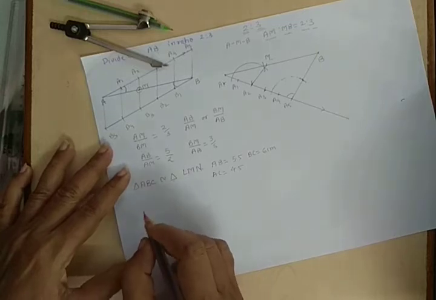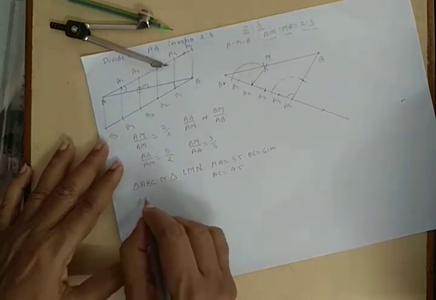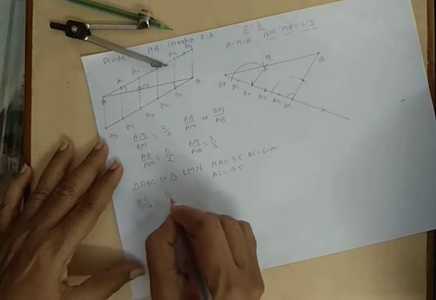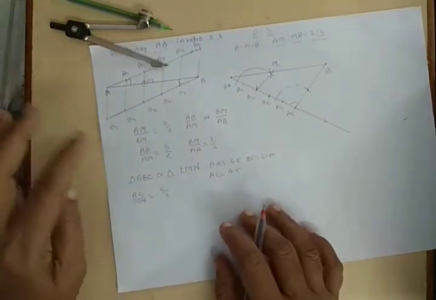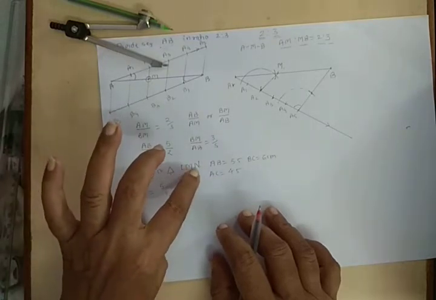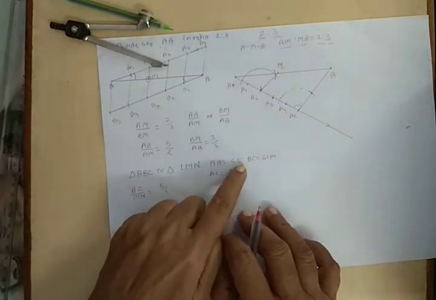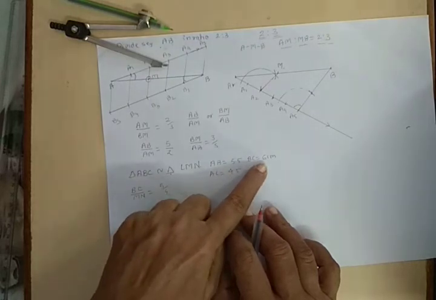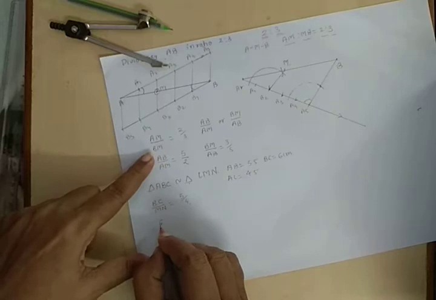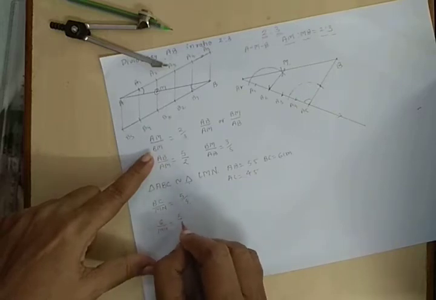and BC upon MN is equal to 5/4. So BC upon MN is equal to 5/4. Can we find what is BC? BC is equal to 6. So right here, 6 upon MN is equal to 5/4.